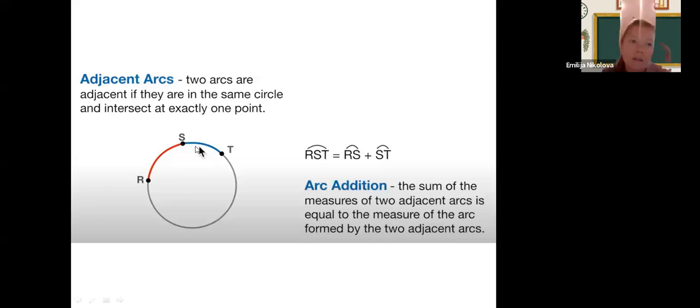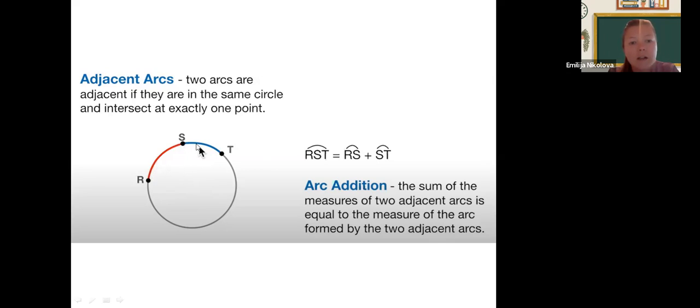Now we have adjacent arcs. These are 2 arcs that are adjacent if they are in the same circle and intersect in exactly 1 point. That means they are one next to each other. We have 2 angles next to each other with the same radius here.